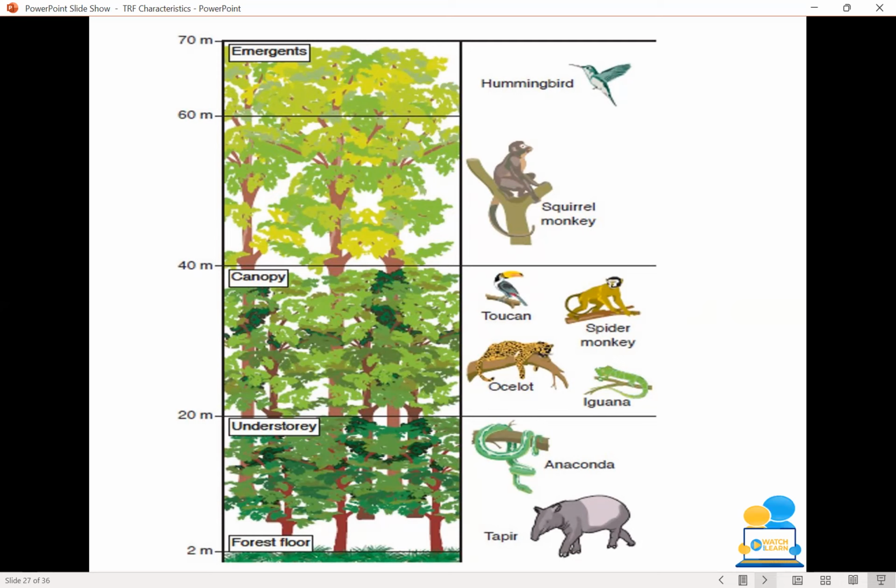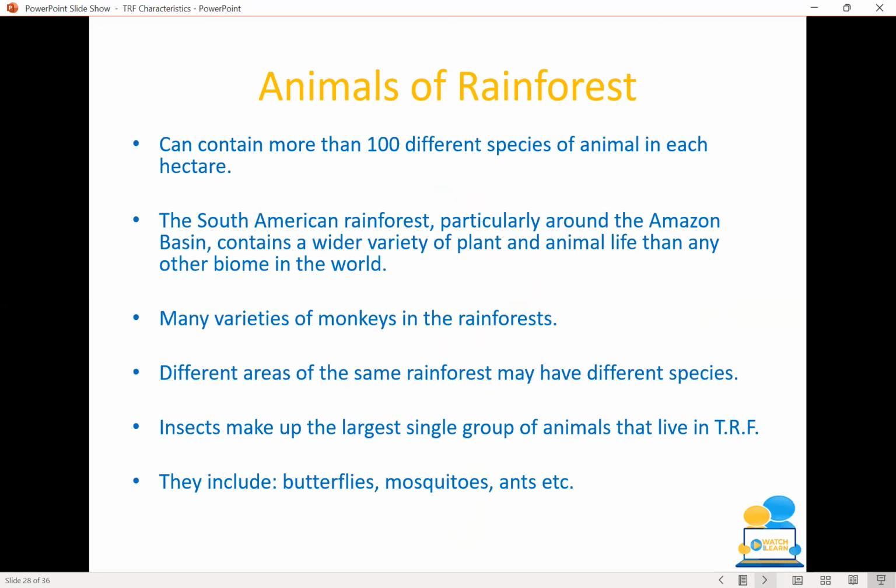And then at the very top, you've got your hummingbird that can also be found in the emergent layer. So again, a huge amount of different types of animals, and they're just a small group of examples. The rainforest contains more than 100 different species of animal in each hectare.